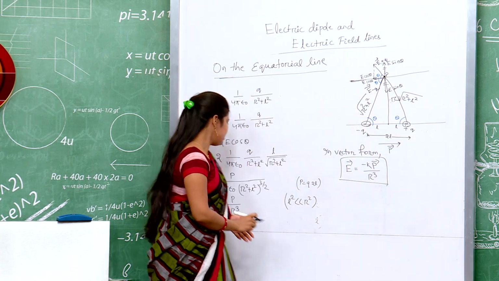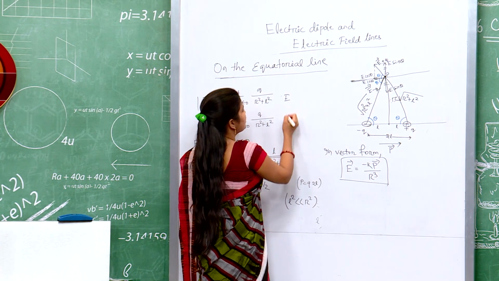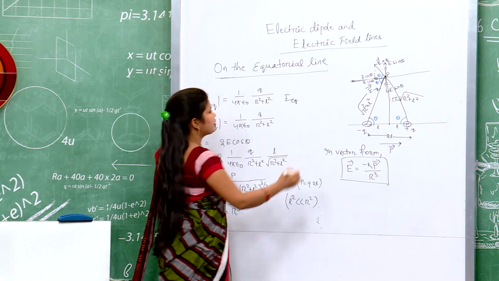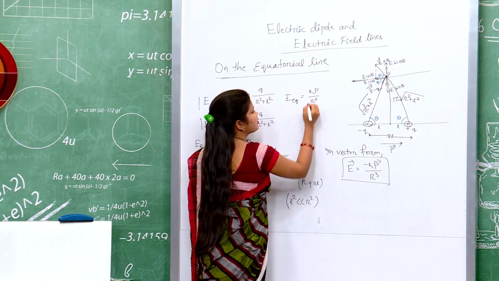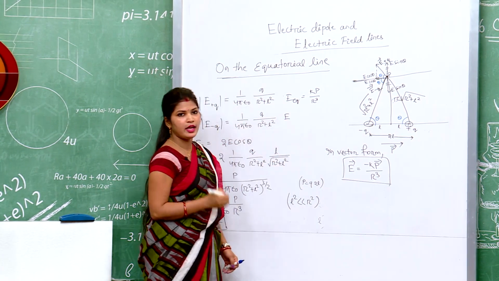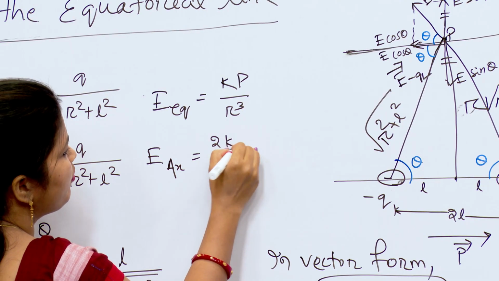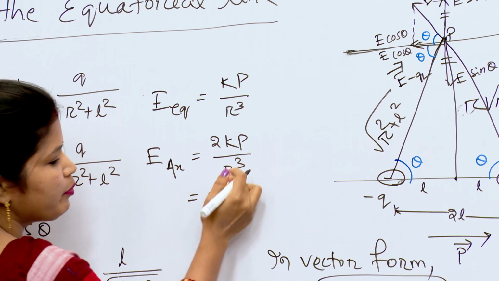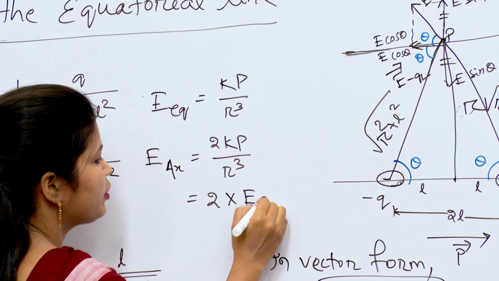Okay. See, so the magnitude of electric field intensity on the equatorial line is E equatorial equal to k p upon r cube, but the magnitude of electric field intensity on the axial line is equal to 2 k p upon r cube, that means 2 into E equatorial.